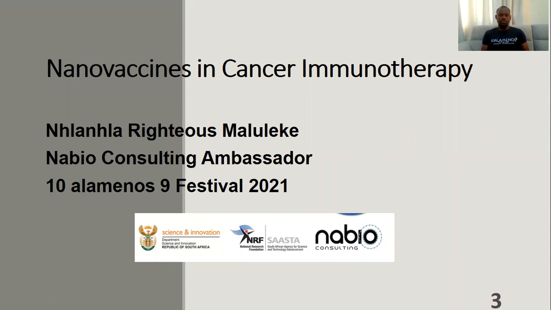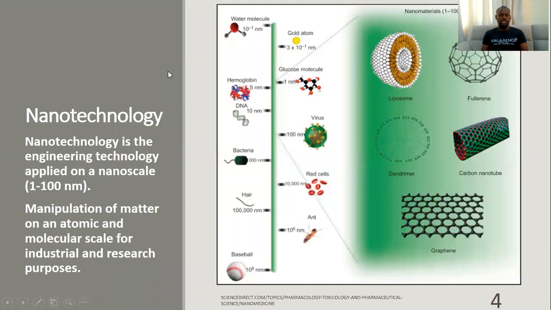To start it off, when we talk about nanovaccines, we're talking about a form of technology which is called nanotechnology. With nanotechnology, we're looking at the manipulation or the engineering which uses very small structures, somewhere around 1 nanometer to 100 nanometers in size.